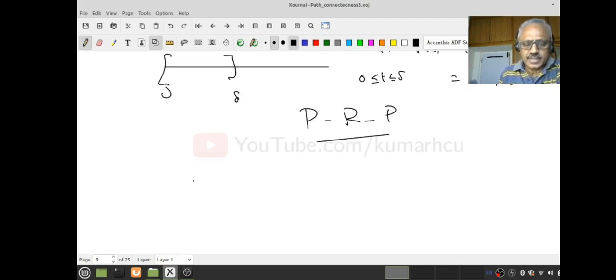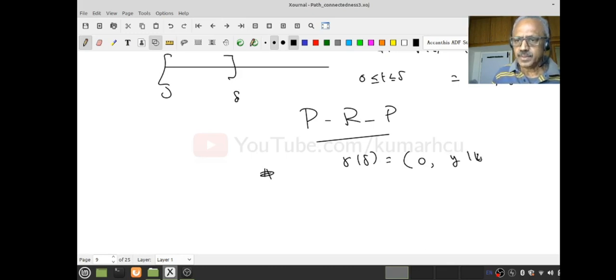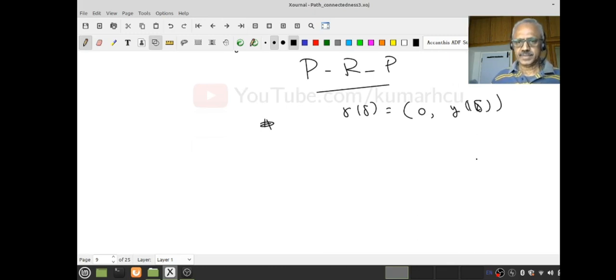Now let us repeat the same thing. Now remember, what should be γ(δ) then? As I said, this is (0, y(δ)).